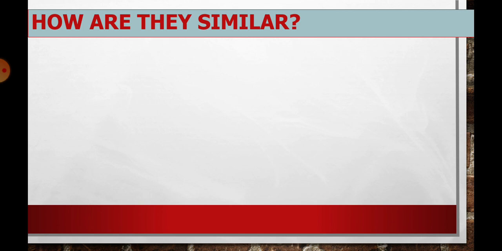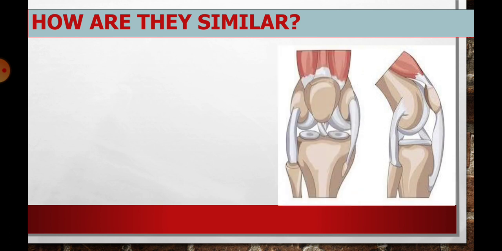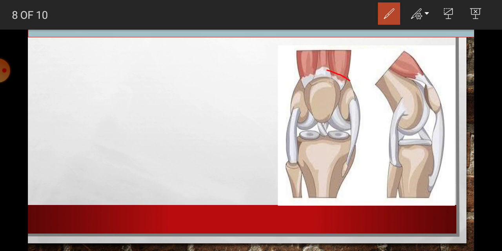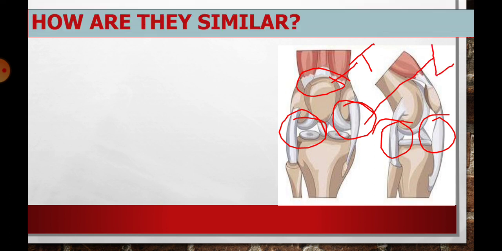Now we will know how the tendons and ligaments are similar. This figure you are seeing here, these are tendons and all of these are ligaments. They are similar in the sense that they both are fibrous connective tissue.